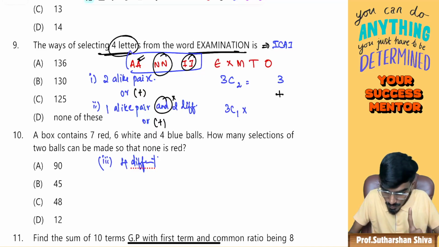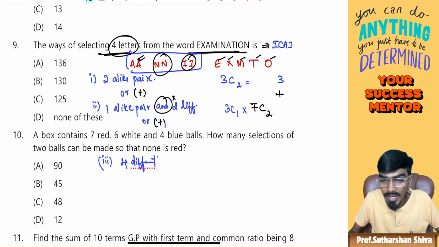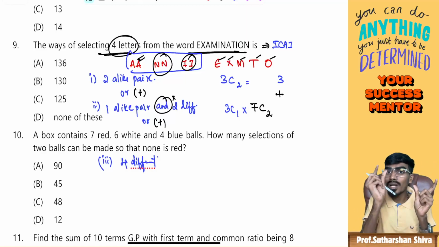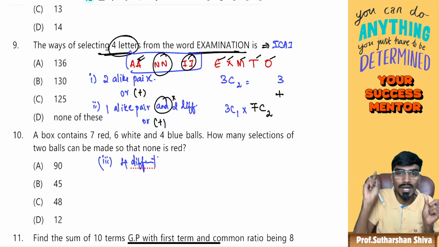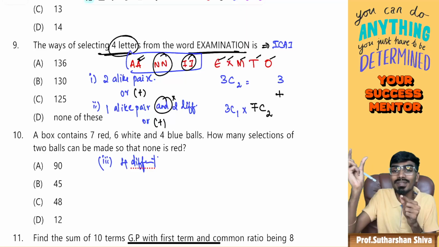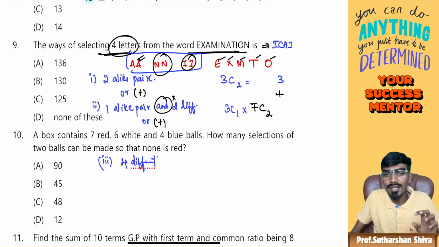Then I is one different, E is one different, X is one, M is one, T is one, O is one. So 5 plus 2 is 7. Out of 7, I should select the remaining 2. 3C1 means AA will be selected, two letters selected. Now I only want two letters to make a total of 4 letters, either from the remaining 7, I want the remaining 2, so that repetition in this case can be allowed.